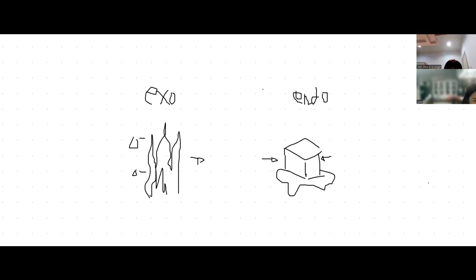This is the reactant, which is CH4 plus 2O2. This is the product, CO2 plus 2H2O. This is gas, this is also gas, and the water is the same thing.